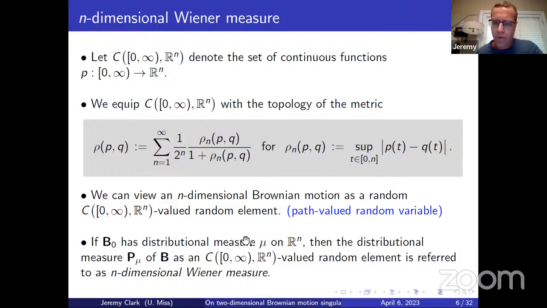The initial position could be random. If we do have some initial distribution mu, the distributional measure P_mu of the Brownian motion as a random path-valued element is referred to as Wiener measure. So Wiener measure is the distributional measure of a Brownian motion as a random path-valued element. When we say Wiener measure, we're referring to a distributional measure, but on the paths.